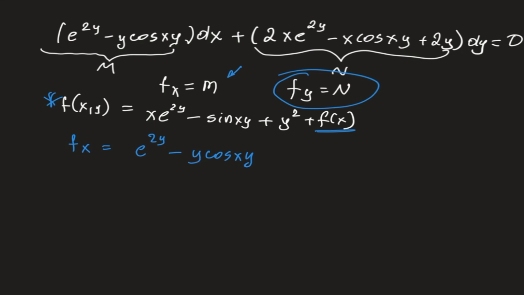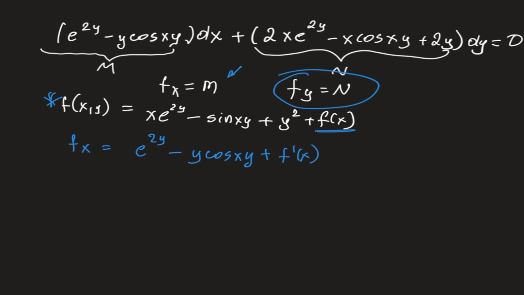Then we have the derivative of y squared, which, since we're doing this in terms of x, is a constant, therefore it would be 0, plus f prime of x.